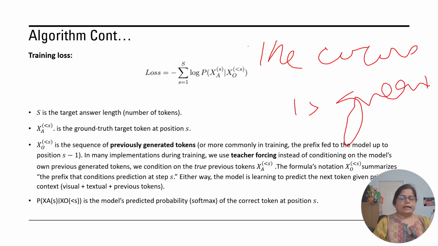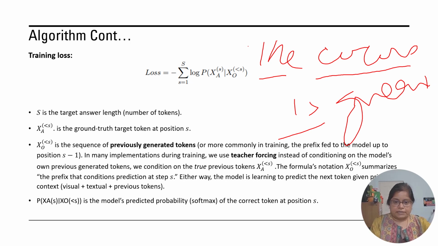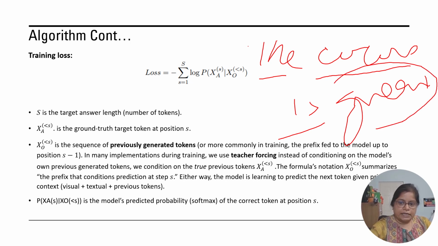Imagine in this case we have the output till length S minus 1. So we already got the output up to the word color from the LLM. What is the probability of getting the word green when we have all the previous output available?